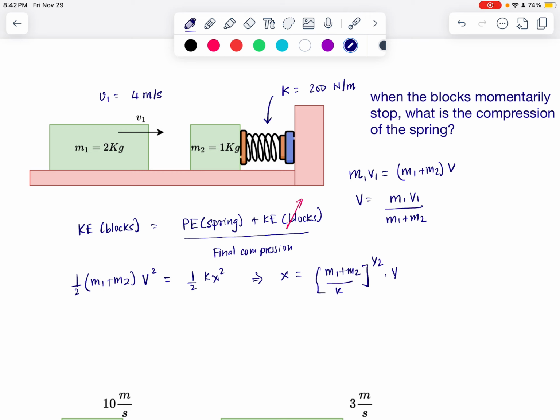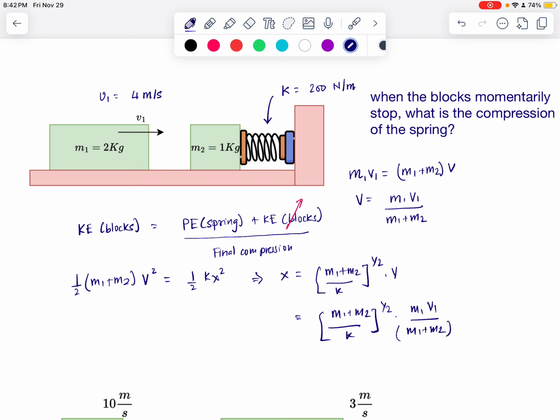So that equals m1 plus m2 divided by k to the power half, and we plug in the value of capital V, that is m1 v1 divided by m1 plus m2.